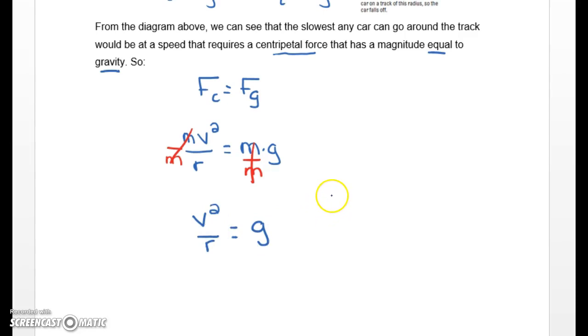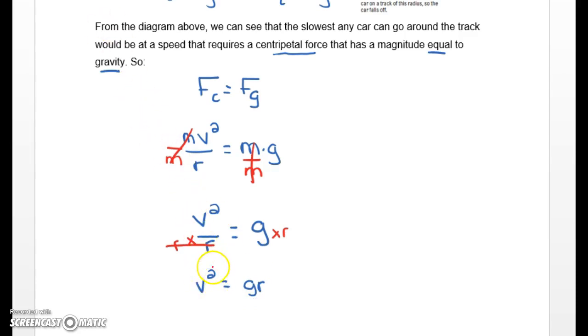So to make this just a little bit more useful, one thing that we can do is solve for our speed, which in itself is actually going to lead to one of the formulas on your departmental sheet. So if we want to solve for our speed, we first need to get rid of this radius. Here we're dividing by the radius, so to get rid of that, you need to multiply it on both sides. So then we have speed squared is equal to the acceleration due to gravity times that radius.